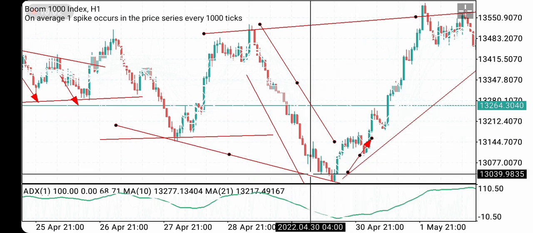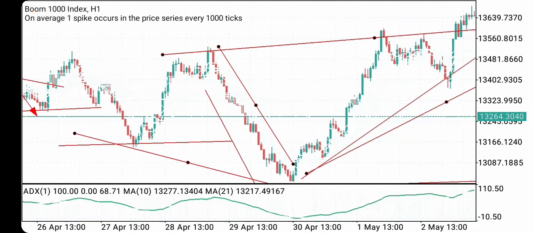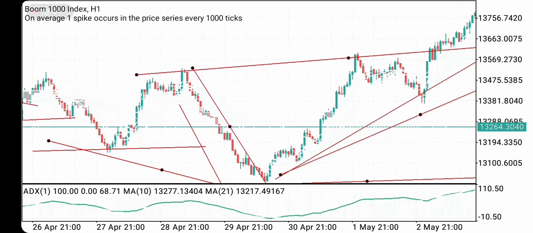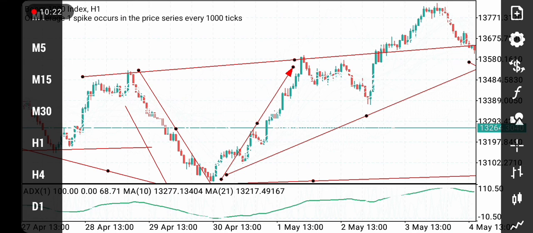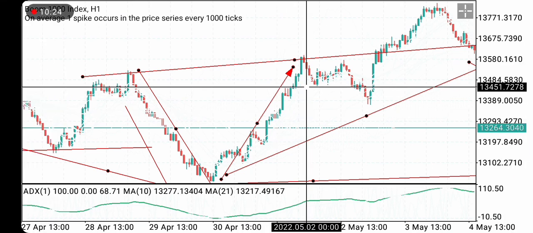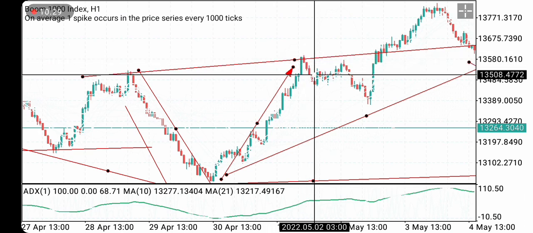You could see here that it started moving upward up to the resistance level. When it got here again, the market started moving downward.